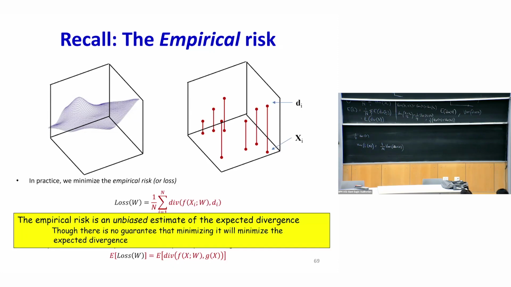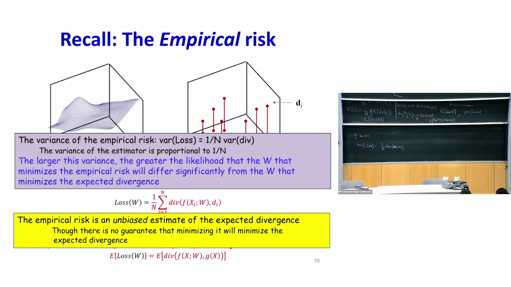So the empirical risk is an unbiased estimator, meaning that on average, over many different training sets, the average of the loss that you'd get is going to be the actual objective that we want to minimize. So it's an unbiased estimator.